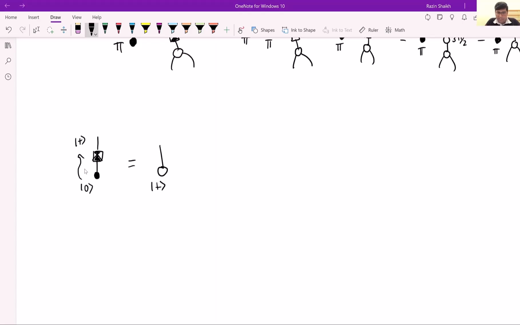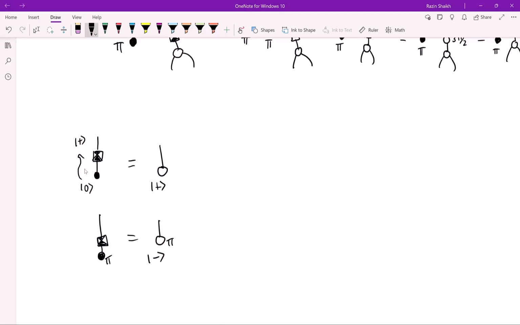If I understand correctly, the answer is yes. So this is how you write plus state, and this is how you write the minus state. Sorry, was this the question? Yes, please. I understand now. Thank you.